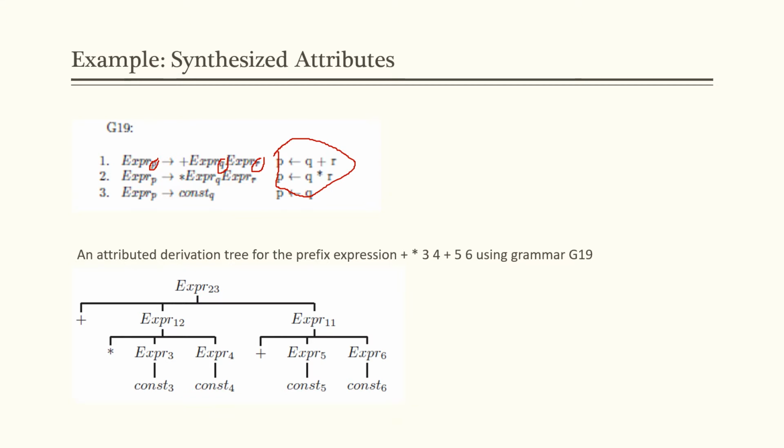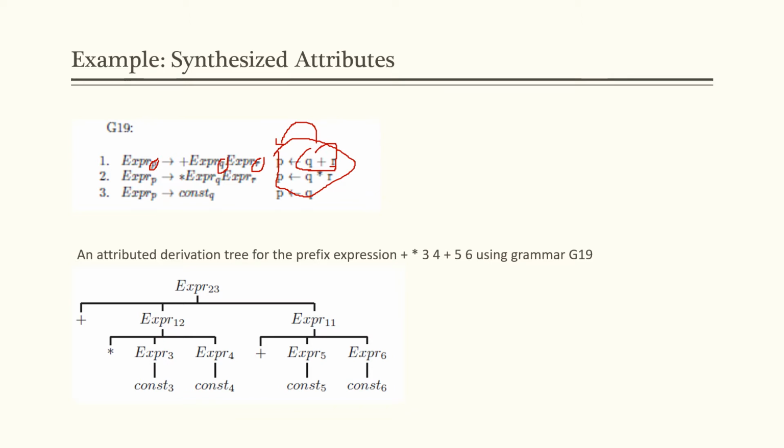Synthesized means you get a value of Q, which is a subtree of your derivation tree, and a value of R, also a subtree of the derivation tree from P, and the addition value you assign to P. So P is on a higher level than Q and R, which means it gets a value from its lower derivation tree.